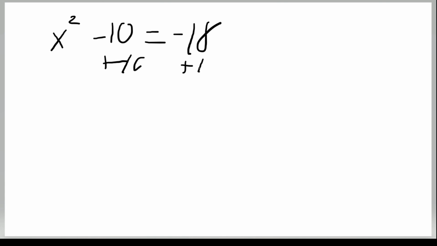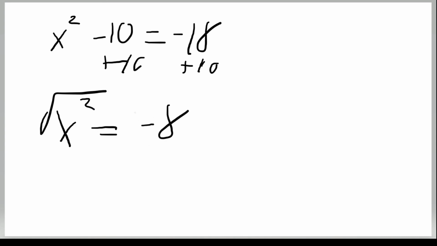Okay, let's do one more. So x squared minus 10 equals negative 18. Do plus 10 plus 10, equals x squared equals negative 8. Square root of that, square root of that. And since there's no square root of 8, you just find what does multiply to it. There's going to be negative 1 times 4 times 2, because 4 times 2 is going to be 8.